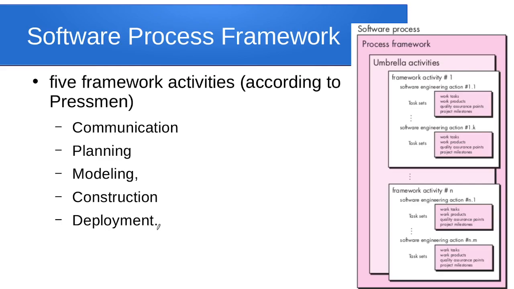framework activities. We have already seen that there is communication, where we have to interact with the stakeholders and get the requirements, and then there is planning, where we perform certain kinds of planning and how this particular software will work, means how we will develop this software, what will be the work schedule, what are the products and, I should say, when and how they should be produced.